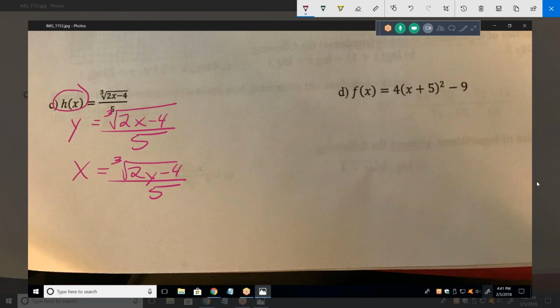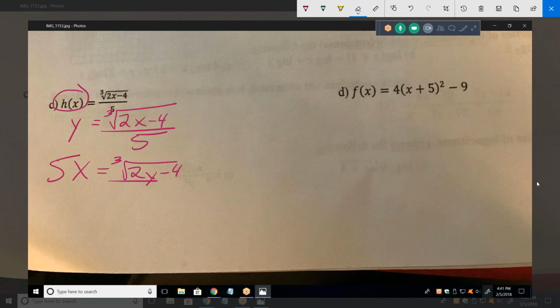So now, do you get rid of the cube root or do you get rid of the 5? The 5. Exactly. Because the 5 isn't being cube rooted. It's completely away from all this other stuff in the numerator. So I'm going to multiply both sides by 5 and simplify it tremendously by just doing that.